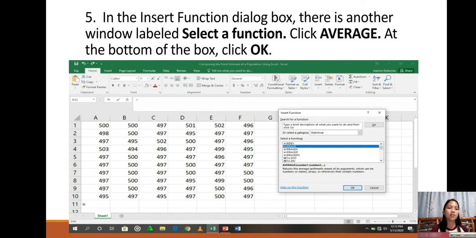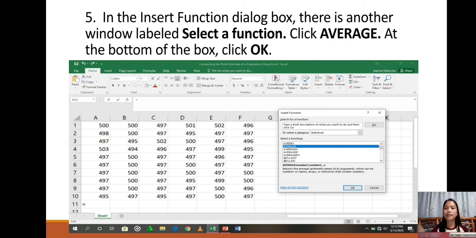In finding the standard deviation, it depends on whether the standard deviation we are talking about is for population or sample.